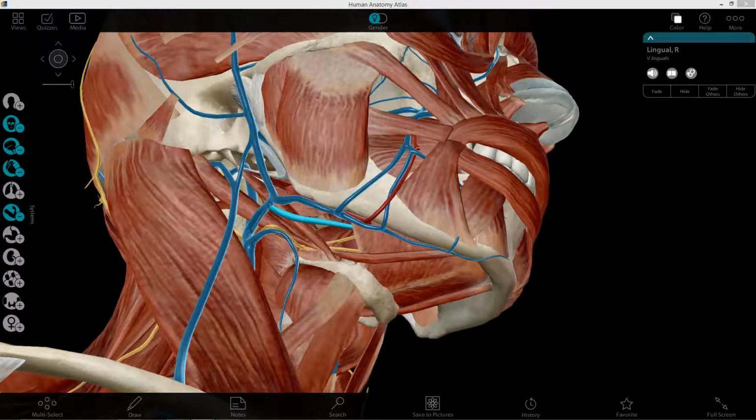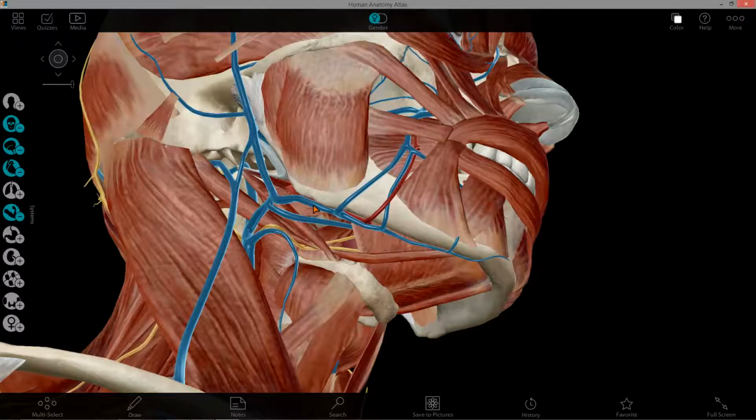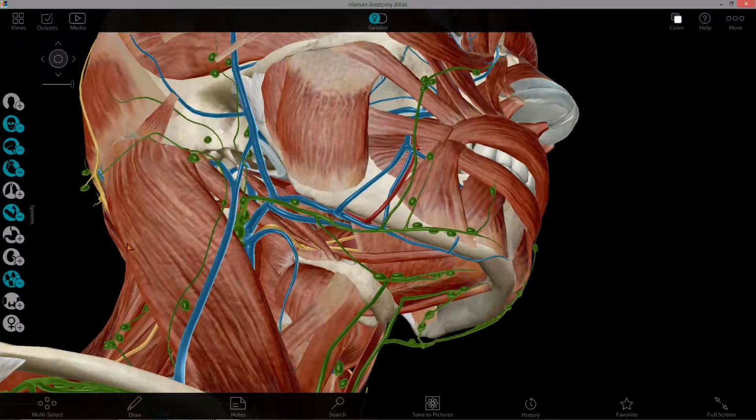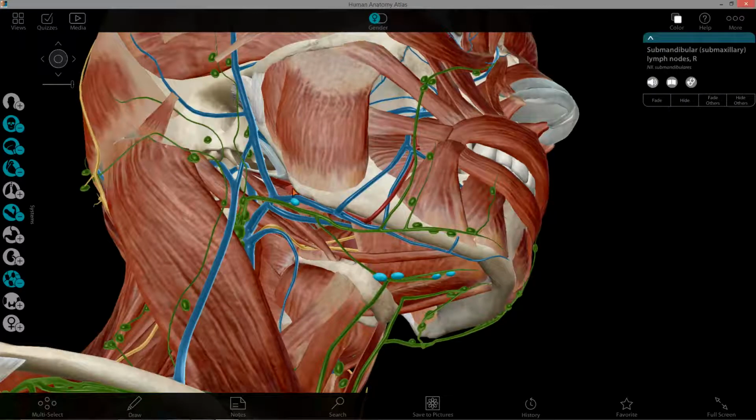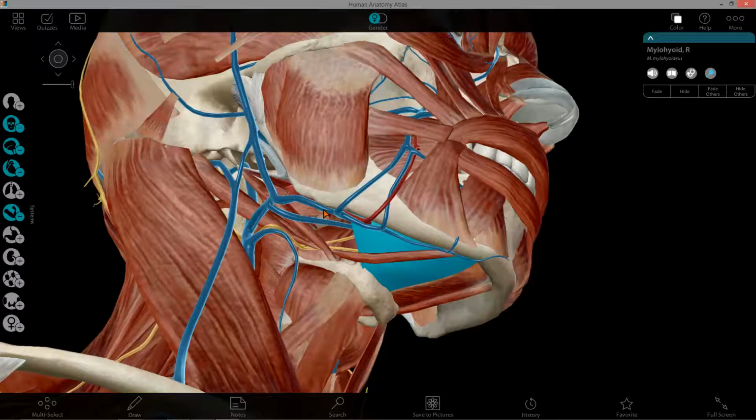And then what's difficult to see here is that it also contains the submandibular lymph nodes and submandibular gland. So let's say I add in the lymph nodes here. You can see that it does contain some of the submandibular lymph nodes within that triangle as well. And then deep to it is some of the mylohyoid muscle as well.